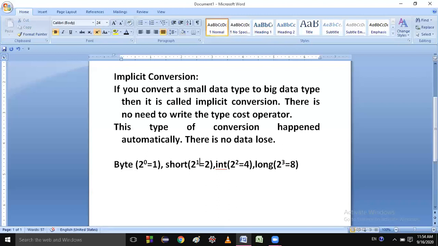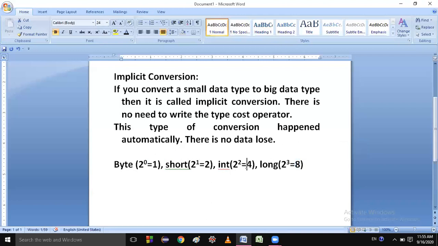Simple mathematics you cannot tell. So these are the sizes of integers. These are the sizes of byte. Byte stores one byte, and short stores 2 bytes in memory. Integer has 4 bytes, and long has 8 bytes of memory space.